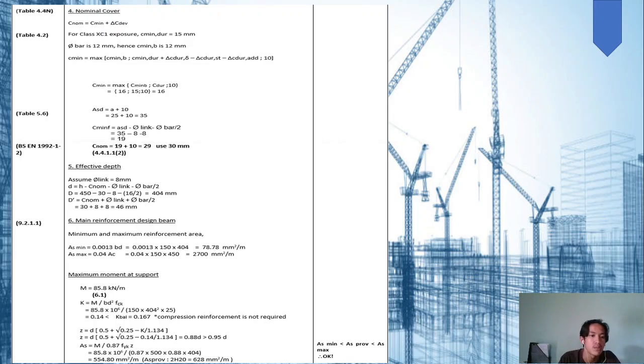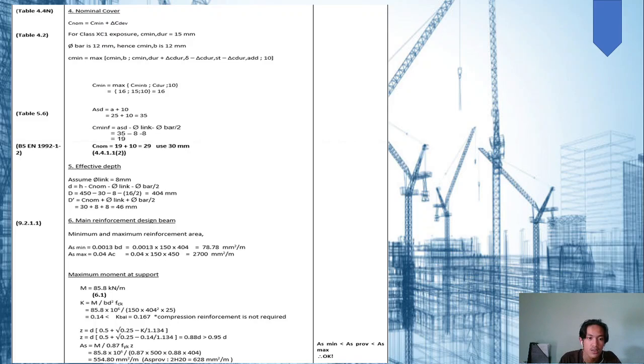So for the maximum moment at support, we consider 85.8 kilonewton meter as the maximum moment, and then we will calculate the K value, and then we got 0.14, which is less than K balance 0.167. So the compression reinforcement is not required.